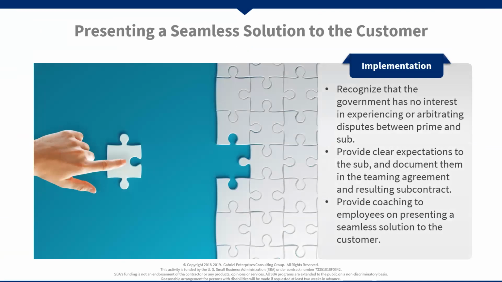Okay, and of course, you want to present a unified front to the government. The government doesn't want to get involved in disputes between the prime and sub. They rarely will even listen to those or provide any feedback on that sort of thing. So the prime has to make it very clear to the subcontractor, this is what you have to do.